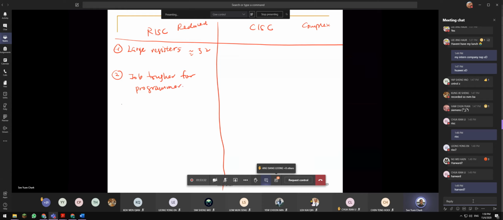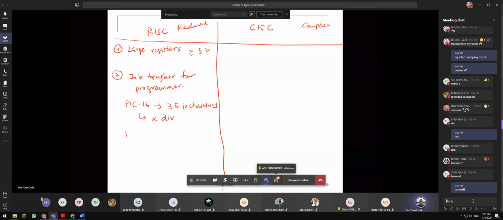Why? For example, if I'm not mistaken, PIC16 just has 35 instructions. They don't have a divide instruction. If you want to do divide, you need to do subtract, and a lot of subtracts will be used. So that's why it's very tedious when it comes to programming.